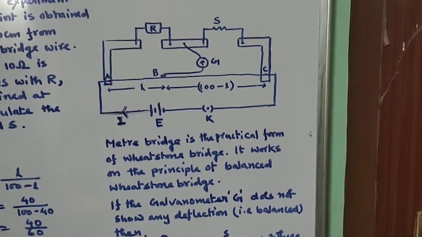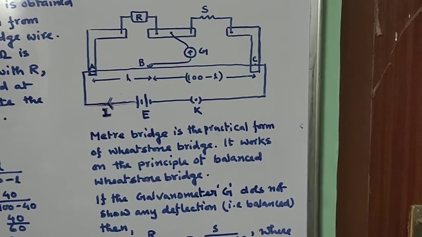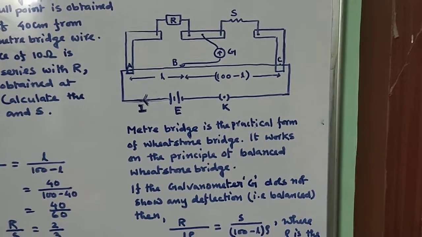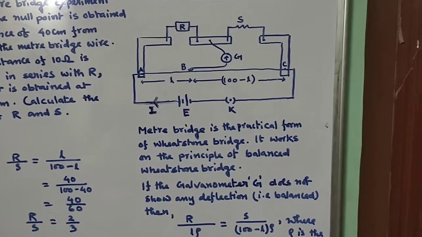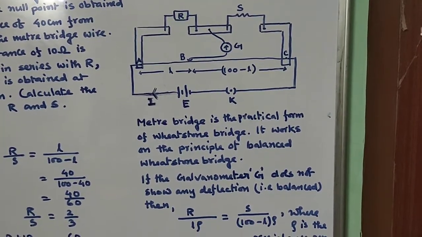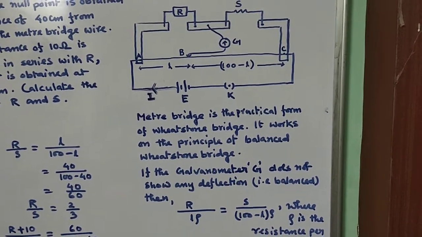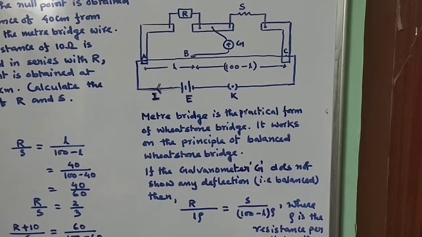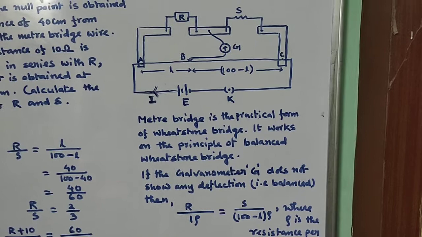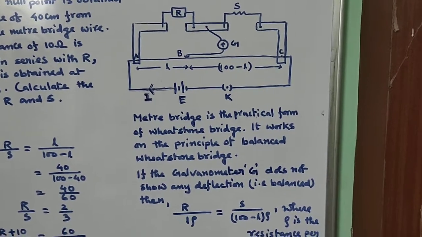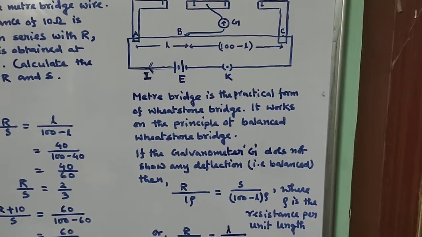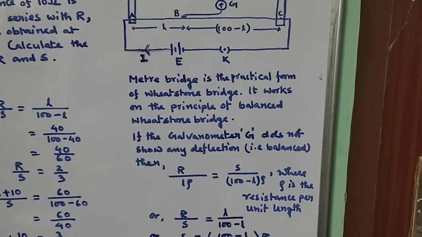Now if the galvanometer G does not show any deflection, that is balanced, and balance means no current through the galvanometer. Then the ratio of the resistance capital R to the resistance of the length L, if rho is the resistance per unit length, then L rho gives you the resistance of the wire of length L, should be equal to the resistance S divided by the resistance of the wire of length 100 minus L, rho, where rho is the resistance per unit length.